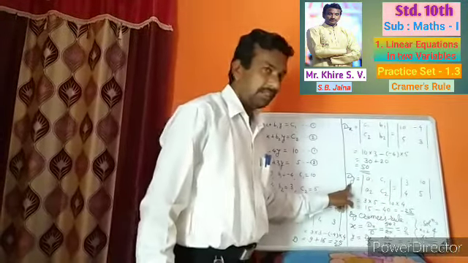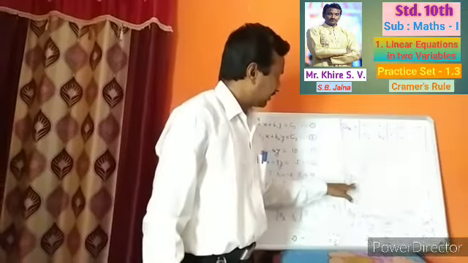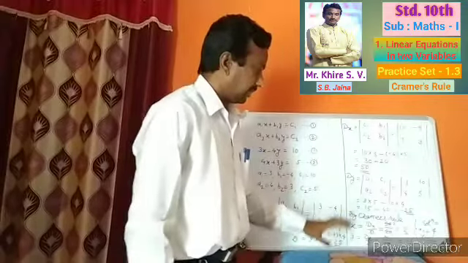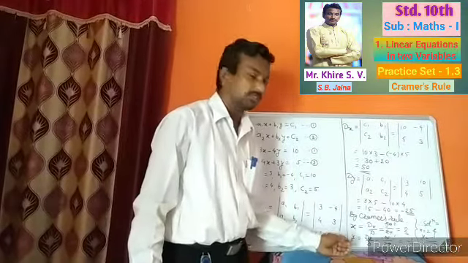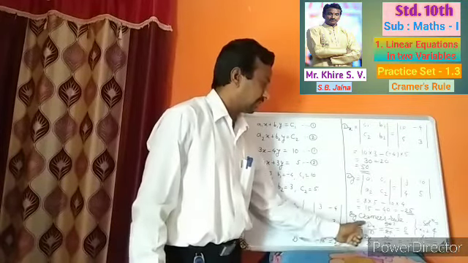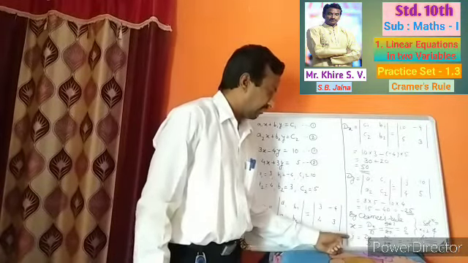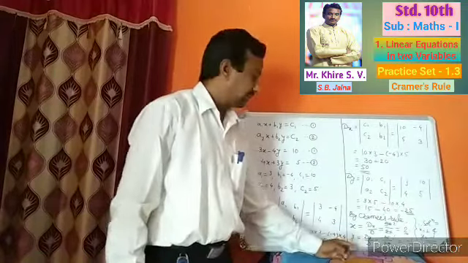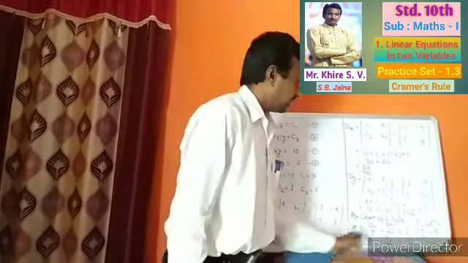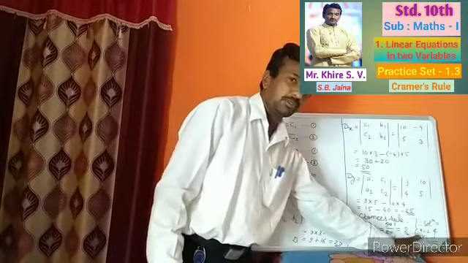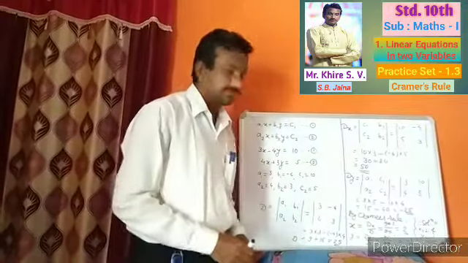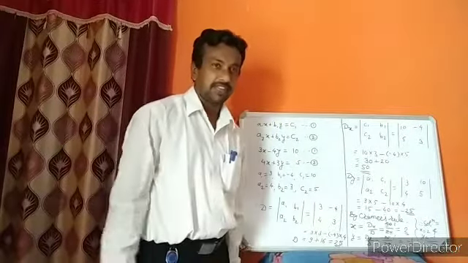Then find the value of dy by replacing the coefficients of y by c1, c2. And then by Cramer's rule we can find the values of variables x and y. That is, the value of x is equal to dx upon d and y is equal to dy upon d. This means we get the solution of these two equations, that is x is equal to 2 and y is equal to minus 1. Got it, all of you? Thank you very much.